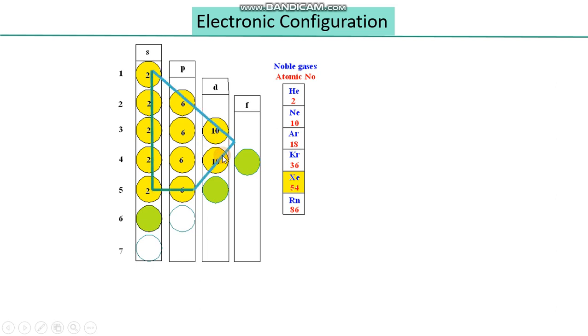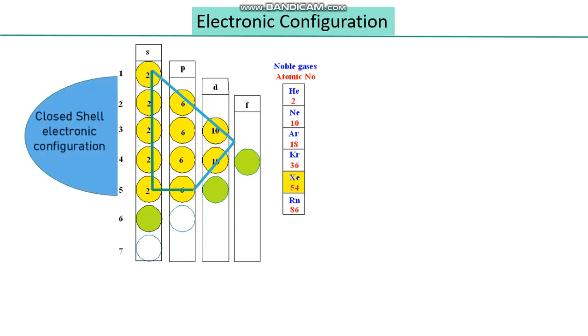For easy discussion in the next slides, we will represent these electrons by xenon in square brackets, which we will call the closed shell electronic configuration. Below this limit, the reactivity cannot be extended. Above this limit, reactivity will start, so we have to discuss the reactivity of lanthanides above this limit, not below it.